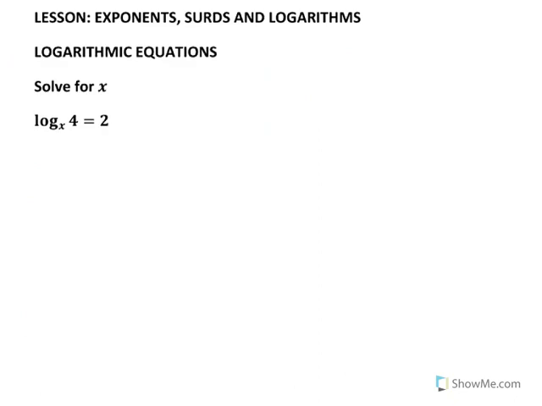Now let us move on to look at solving for x in logarithm equations. Just to remind you of a law, if they give you log in base x of a is equal to m.